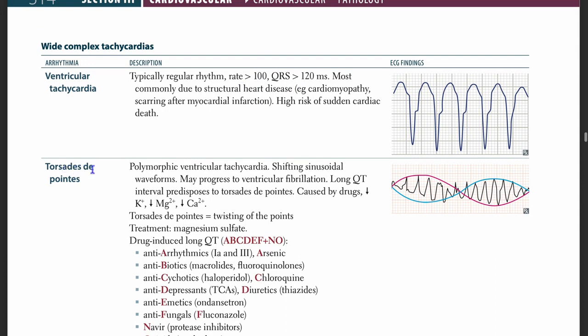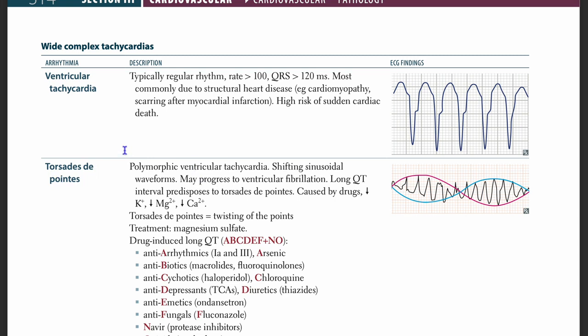Then we have Torsade de Pointes. So this is what the ECG would look like, and if you were to draw an imaginary blue and imaginary pink line around it, it would look like this, like a helical DNA, right? So it's not called helical DNA, it's actually called Torsades de Pointes, right?